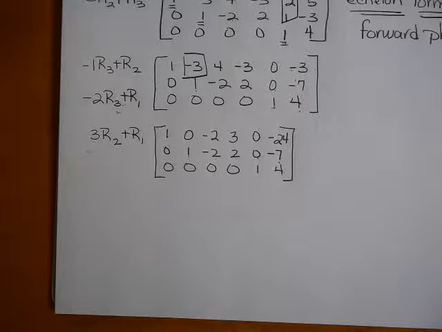X3 does not have a pivot, so it's what we call a free variable. X1 and X2 are basic, X3 is free. Basically, it's free to be anything you choose it to be. There are no restrictions on X sub 3. I'm going to show you an example in a minute. Don't freak, okay?